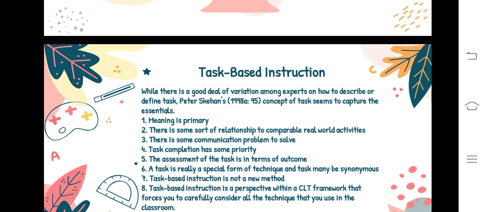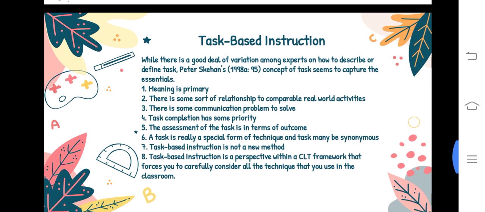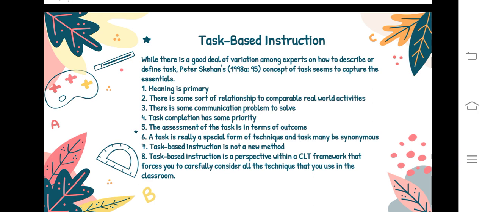They are: 1. Meaning is primary. The second is there is some sort of relationship to comparable real-world activities. The third is there is some communication problem to solve.